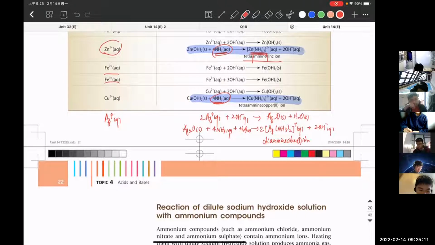So you need to have a combination of both reactions to help recognize which is which, especially for those white precipitates, which will be quite hard to tell apart. This is what you need to know.